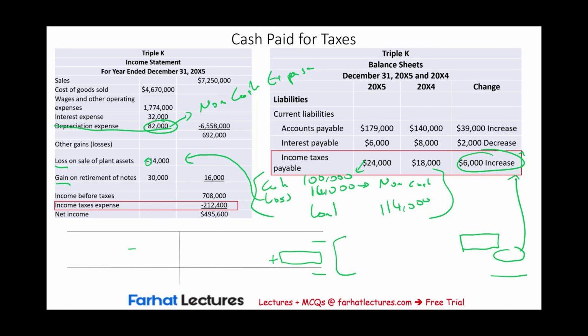The same concept for the gain on the retirement. I retired a note and I have a gain. Well, that $30,000 gain, whatever gain I have, let's do the journal entry. Let's assume I had a loan for 100,000. So I have a notes payable, a note for 100,000.